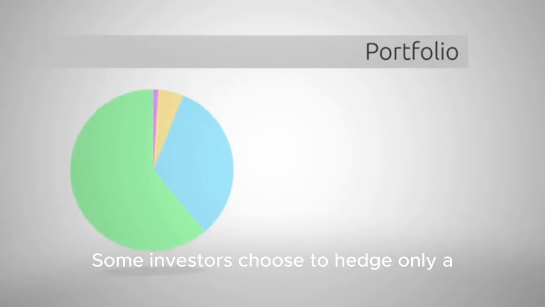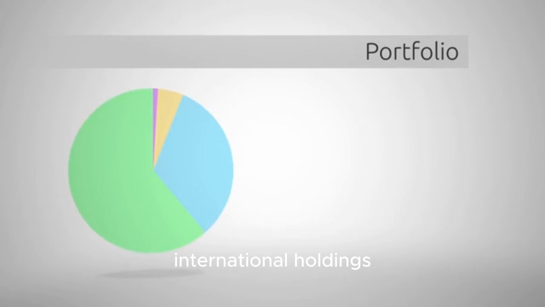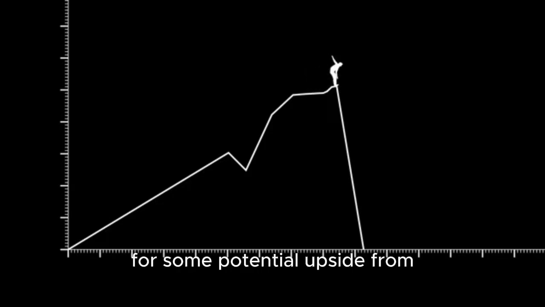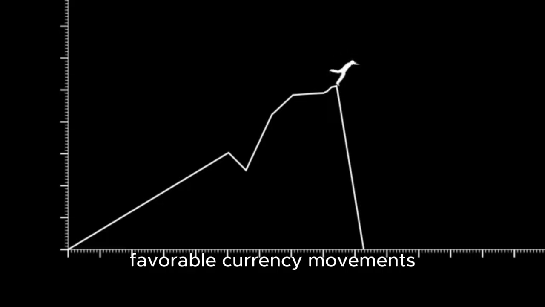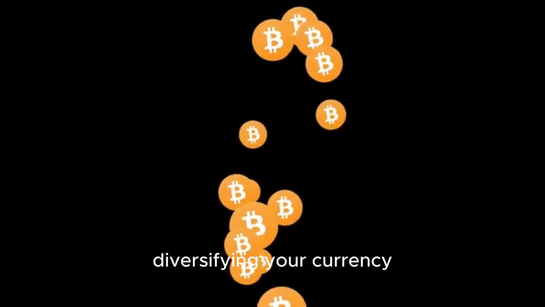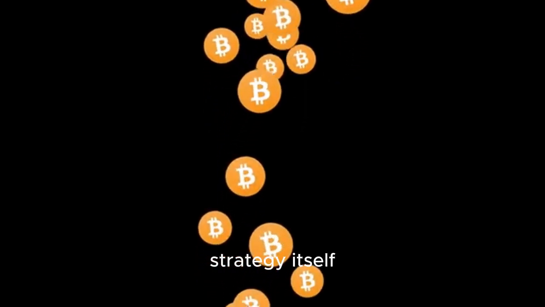There's also a middle ground approach. Some investors choose to hedge only a portion of their international holdings, say 50%. This gives them some protection against currency risk while still allowing for some potential upside from favorable currency movements. It's a way of diversifying your currency strategy itself.